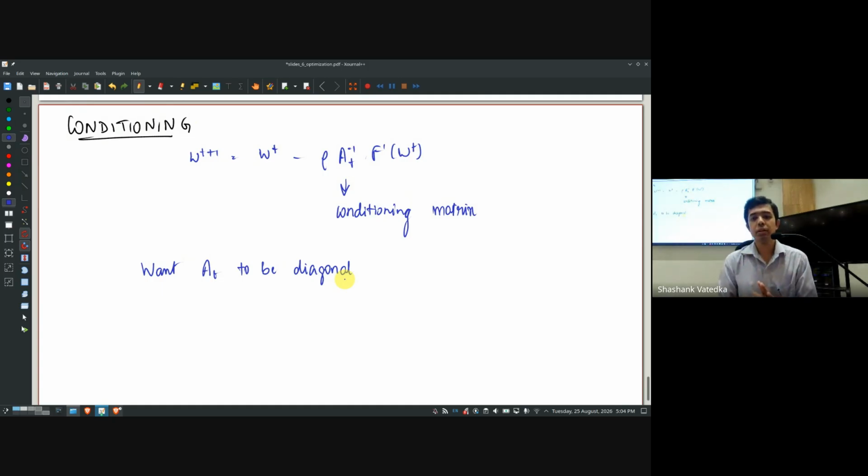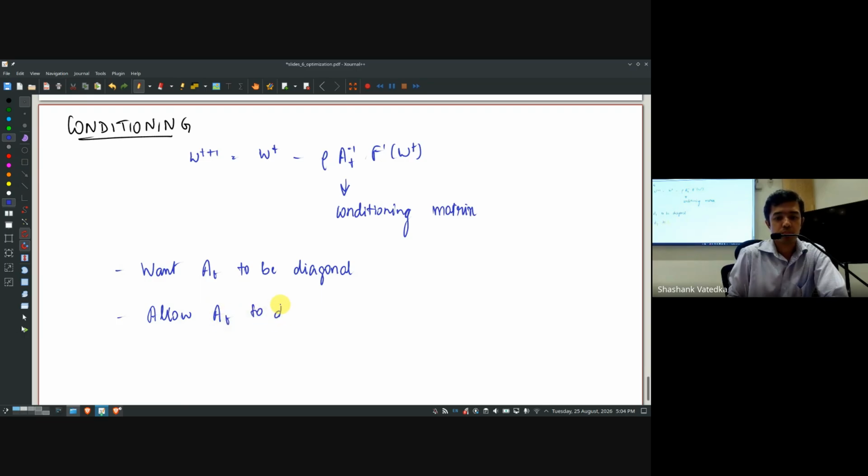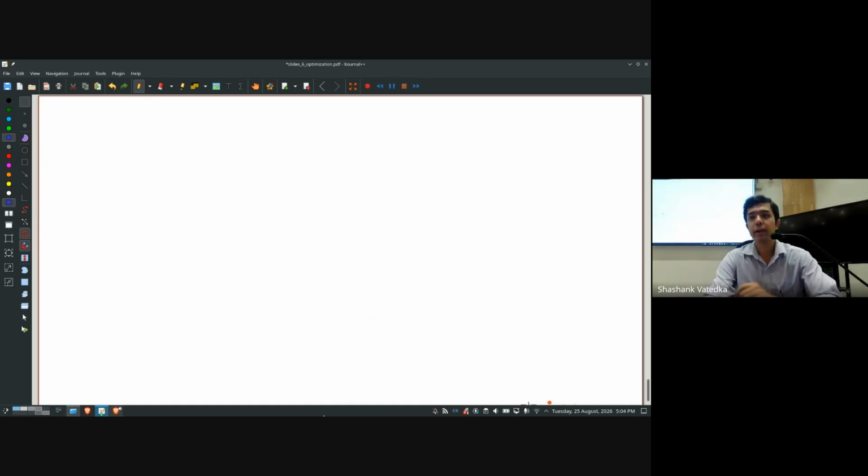But A_t can potentially depend on W_t and possibly even the entire history of W_t's. The first so-called adaptive gradient method that we'll see is called Adagrad, which is adaptive gradient.